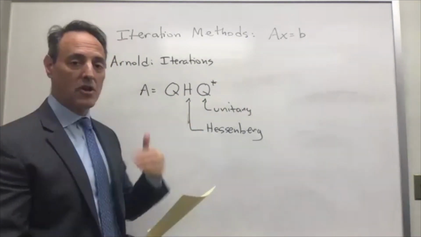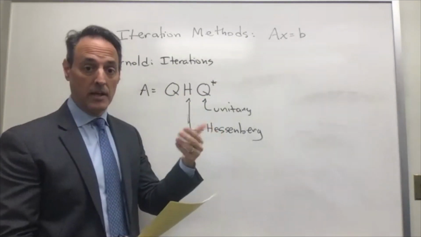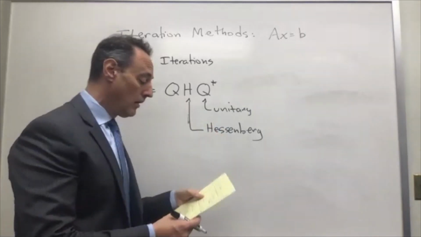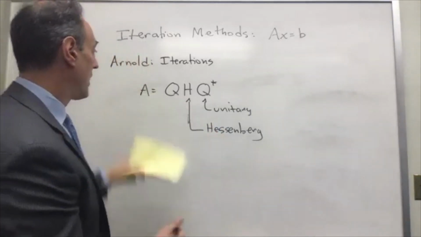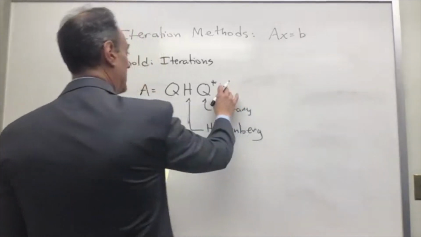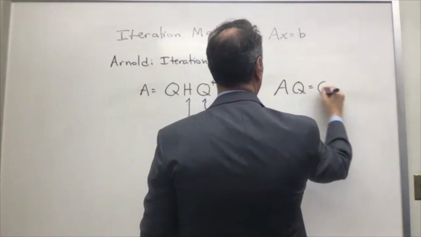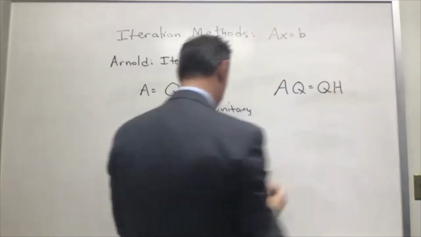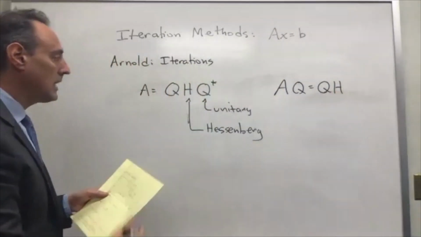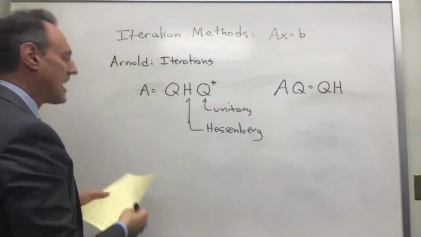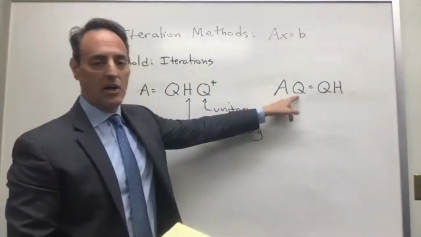So I want to go n iterations in. And what does that look like? Well, first of all, I can rewrite this by multiplying on the right-hand side by Q as AQ equals QH, okay? And what I really want to look at is how I would get the first n columns of that Q.